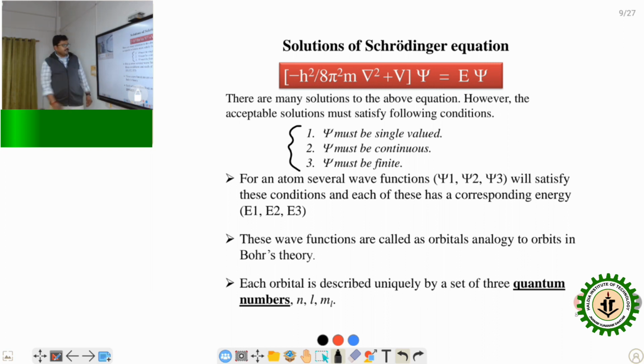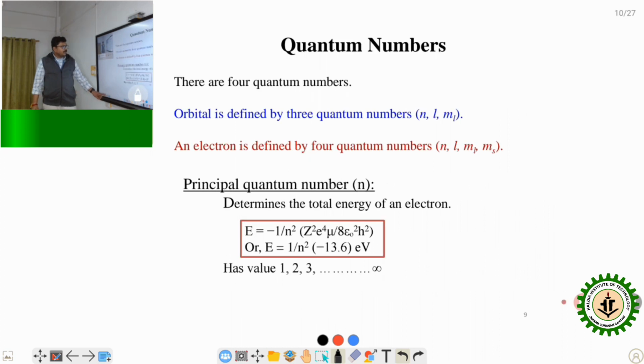Okay. So each orbital can be described by the quantum numbers. We all know there are 4 quantum numbers: principal, azimuthal, magnetic, and spin quantum number. But to know the orbital characteristics, its size and its shape, we need to know only these 3 quantum numbers: principal, azimuthal, and magnetic. So here is a small description of each.